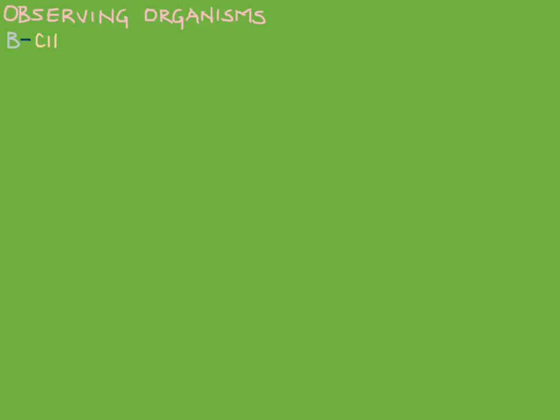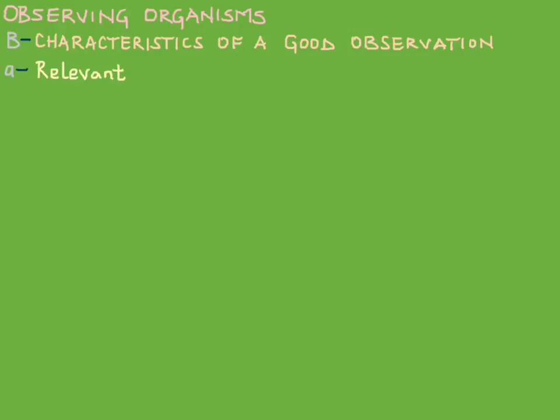Let us now examine what characterizes a good observation. A good observation should be relevant. This means that the observation should have a clearly defined objective. For example, the external structure of the organism, symmetry, orientation, or feeding habits.